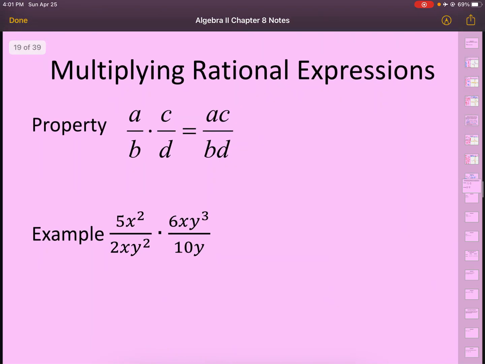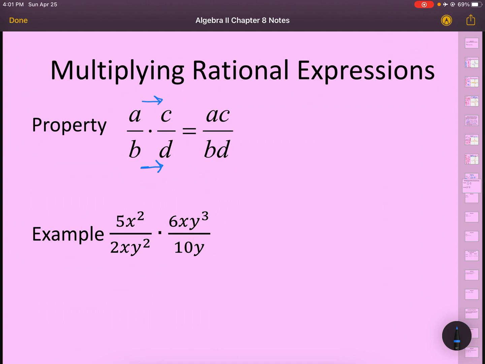So when we multiply rational expressions, we're just following the same property as we would for normal fractions. In middle school, you probably learned to multiply fractions numerator with numerator, or the tops together, and then the denominators together, or the bottom part of the fraction.